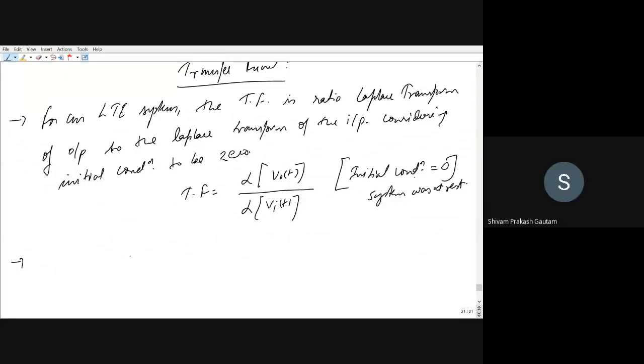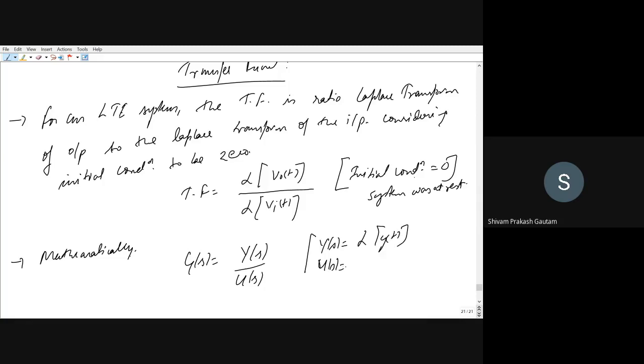So mathematically, G of S can be written as Y of S upon U of S, such that Y of S is equal to the Laplace transform of output, that is y t, and U of S is equal to the Laplace transform of input, that is u t. We represent a transfer function by G of S, but it is not required.